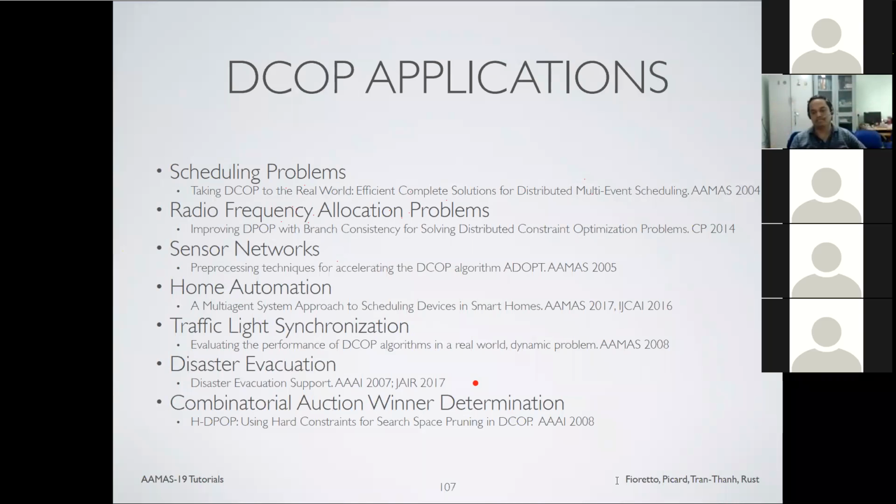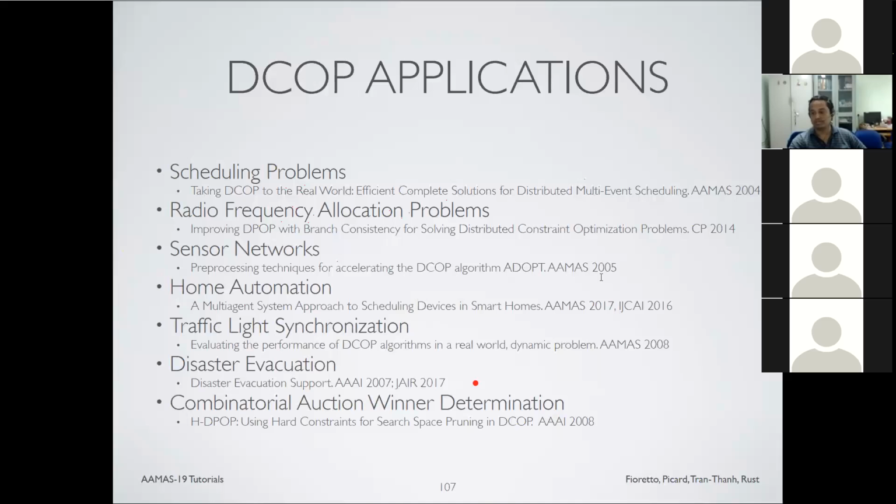That was her PhD thesis. She used a lot of DCOP algorithms for solving the scheduling problem of railway traffic and disaster management. There is another application, typically for electronics people, the radio frequency allocation problem. Then we have sensor networks, pre-processing of the network for accelerating DCOP algorithms.